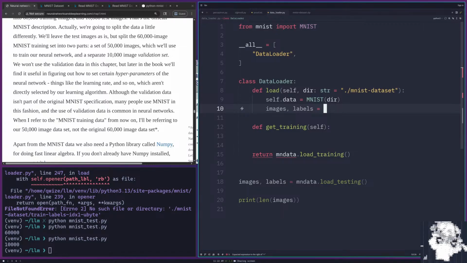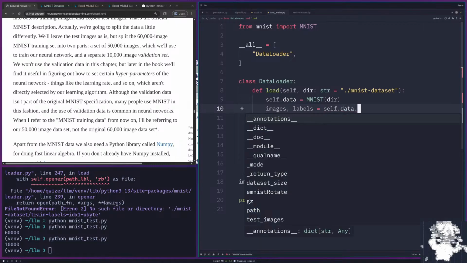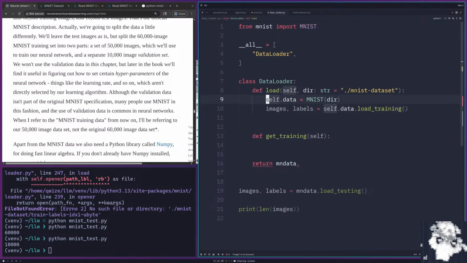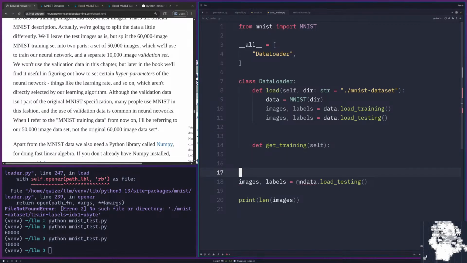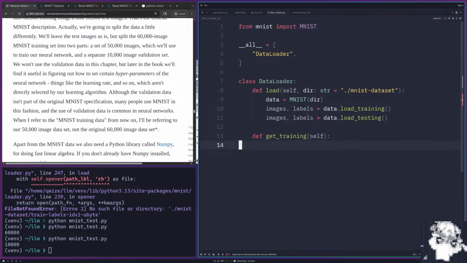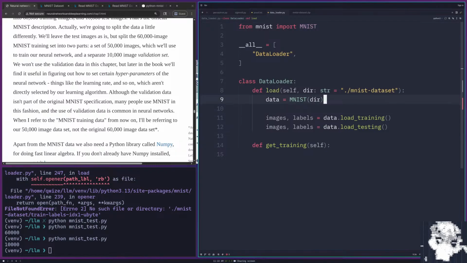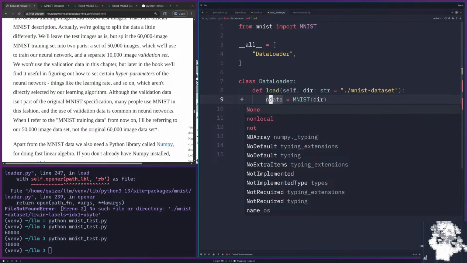And then actually this is what I want. Load training. We don't need the self here. Load training, load testing. What did they call this? NMNist or something?